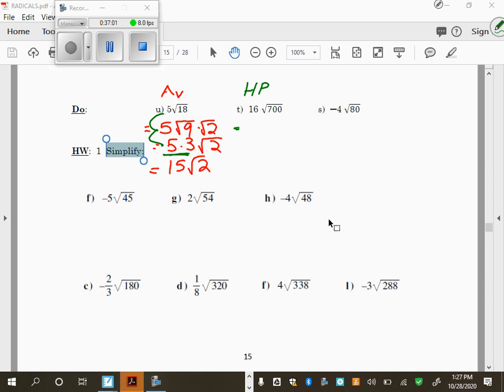Rose. 16 times radical 7. Well done. Another one from the Hogwarts game. Anybody? Next step. 16. Yeah. 50. Close.